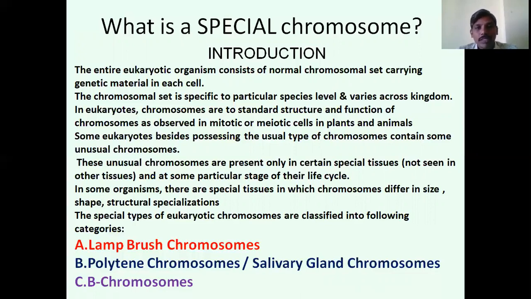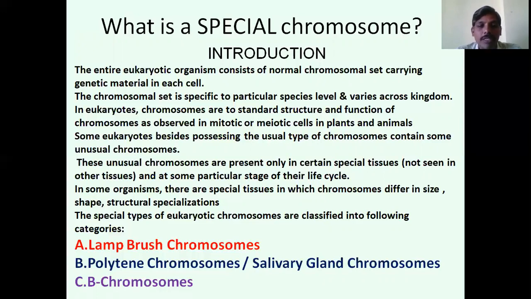Normal chromosomes are seen in almost all cells, but these are in a few special tissues, not seen in all species, only in a few particular species or animals at a particular stage of their life cycles. In these organisms, there are special tissues in which chromosomes differ in size, shape, and structural specializations when compared to normal ones.